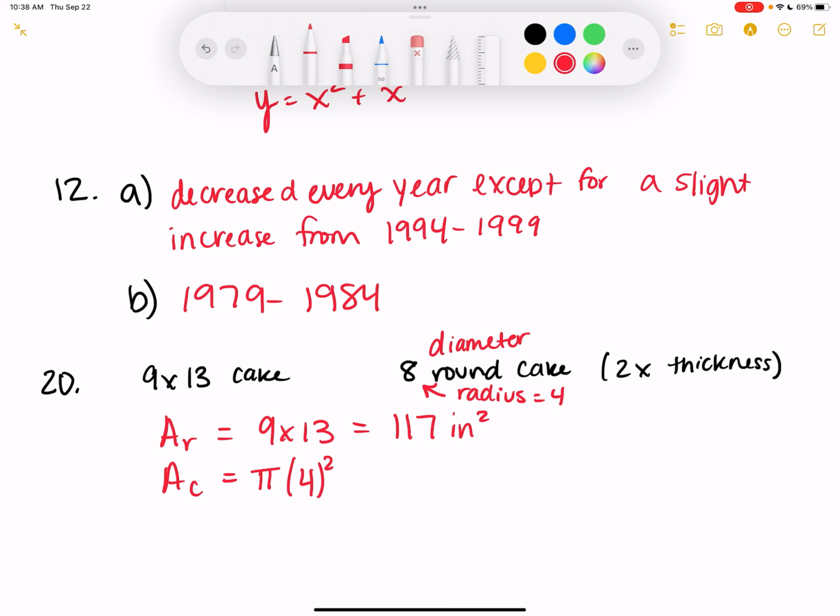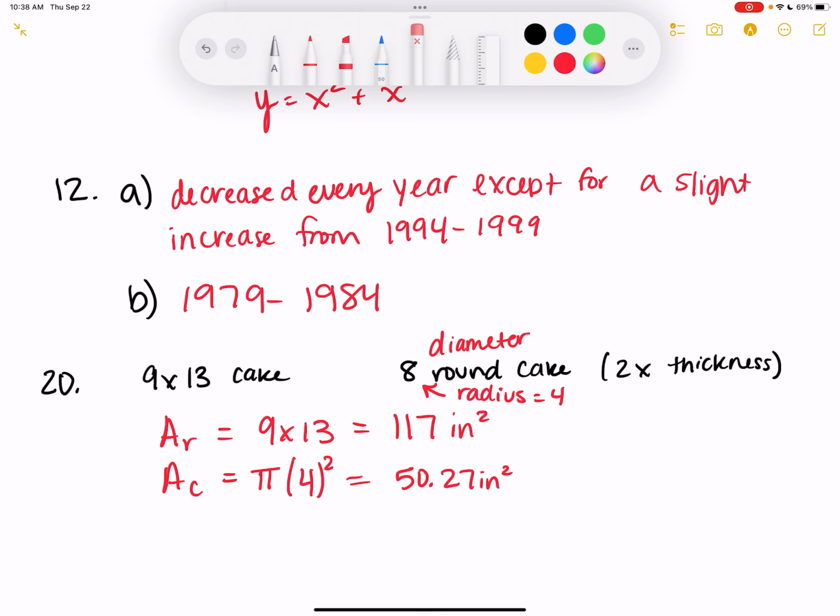Okay. So then, multiplying that all through, what do you get? 50.27 square inches. I agree. Okay, now, what did we know about the round cake?